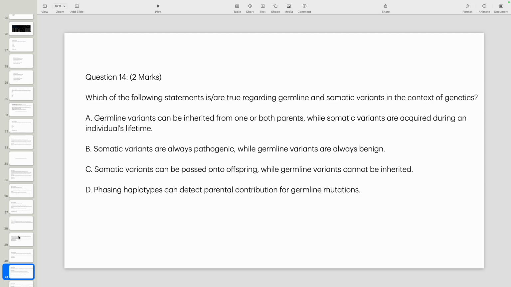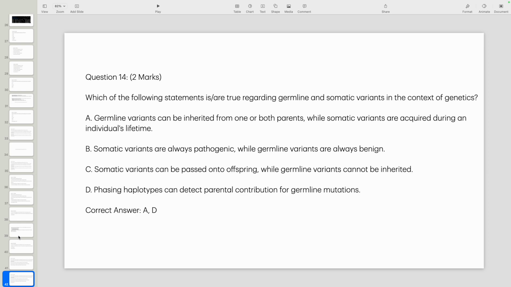Germline mutations are the mutations present in the DNA of germ cells, while somatic mutations are present in the somatic cells. So we have one option which is A and D, which is true. Germline variants can be inherited from one or both parents because these mutations are present in the germ cells, so they can be inherited from parents to the offspring, while somatic variants are acquired during the individual's lifetime.